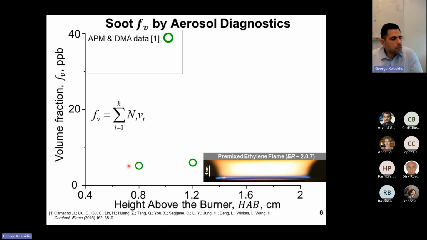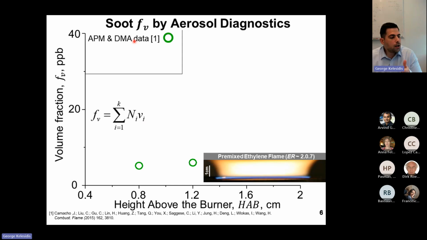So over here, these two data points are actually coming from measurements of the soot volume fraction that have been done by coupling an aerosol particle mass analyzer with a differential mobility analyzer. This is the most accurate way to measure the soot volume fraction, as it accounts inherently for the morphology of these soot nanoparticles. The issue with this technique is that it's very tedious and time consuming.